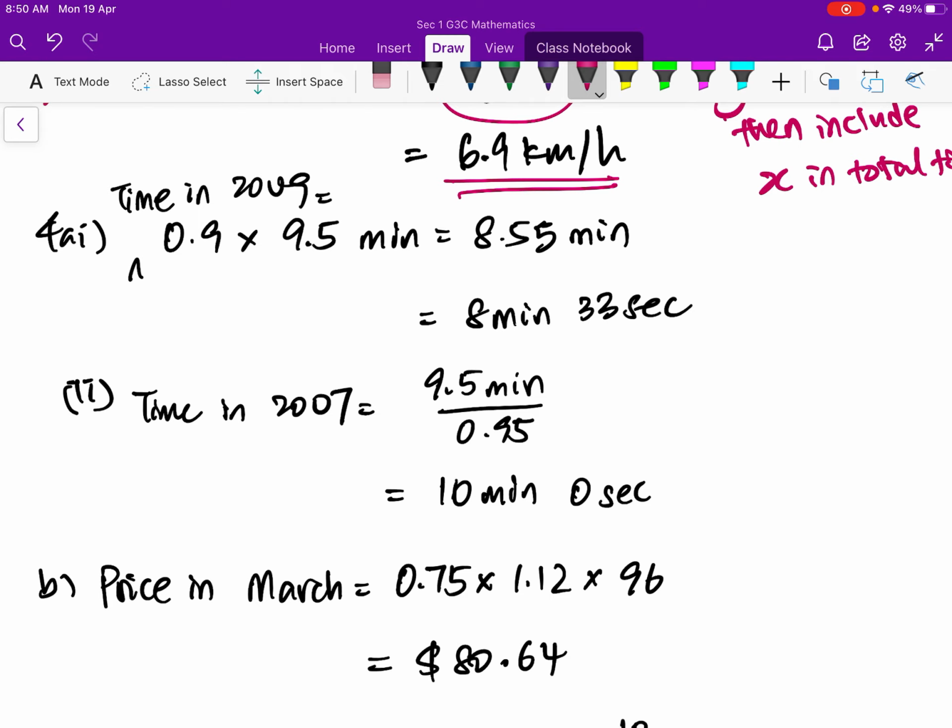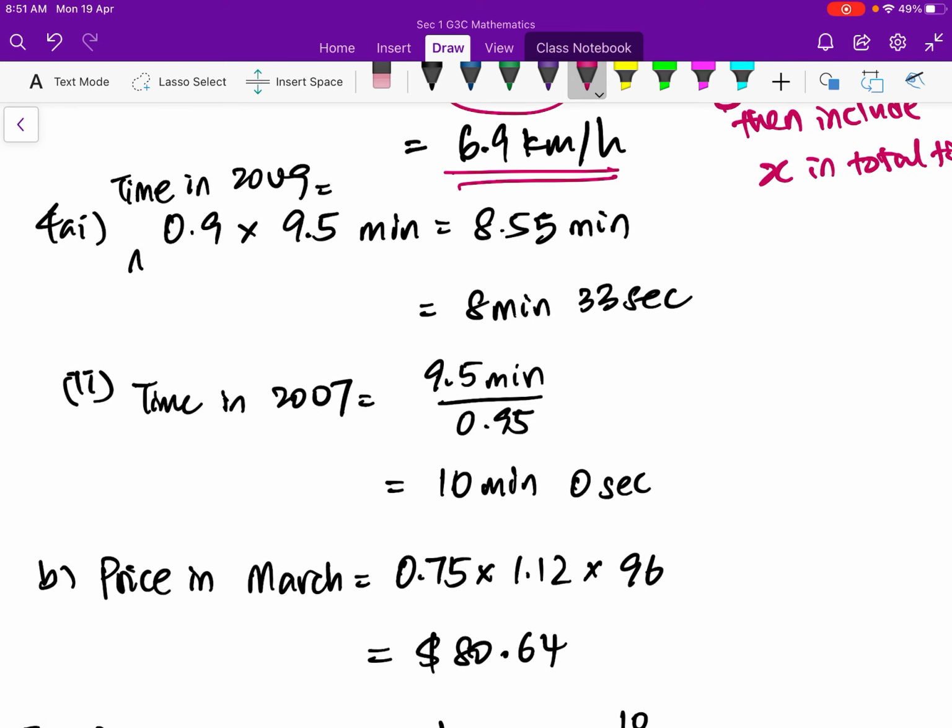Compare that with, and now I'm going to write the wrong answer on the paper. 100% represents 2009's time, and then since it is 10% less, right? So 110% represents 2008's time.